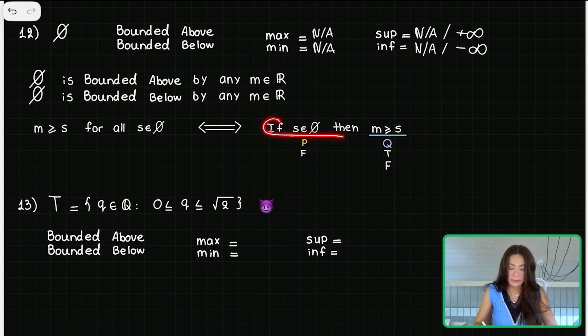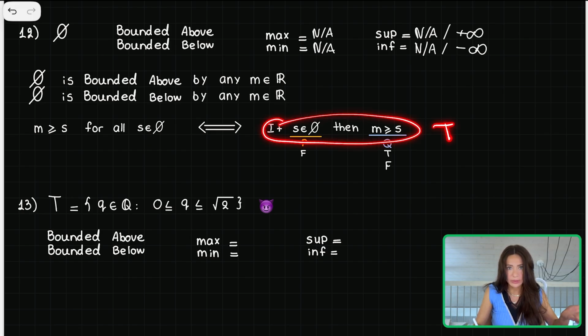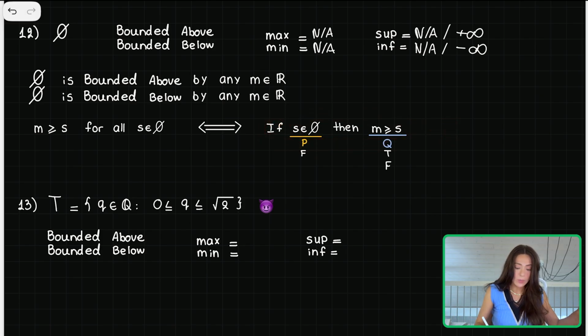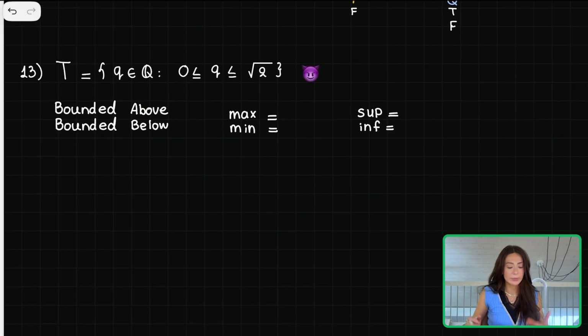Since we have a conditional statement here, if-then, and this is the antecedent, P, and it is false, if you remember from the truth tables of conditional statements, when the antecedent is false, it doesn't matter if the consequent is true or false. The entire statement is true. It's vacuously or trivially true, but it's true. So this is why the empty set, which has no element, is bounded above by any number on the number line, and below is the same argument.